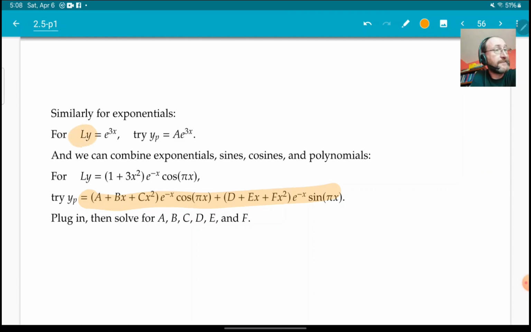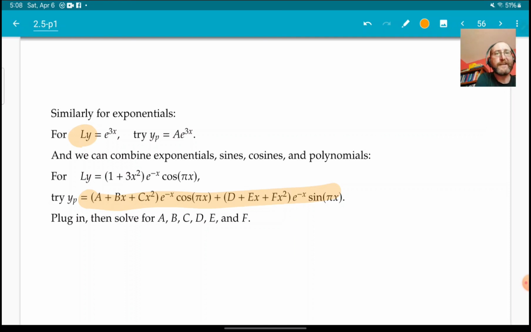The left-hand side is some constant coefficient linear operator. Let's suppose it's second order. So you take the first and second derivative of this, plug that in, and do a whole bunch of algebra. It's going to be tedious.